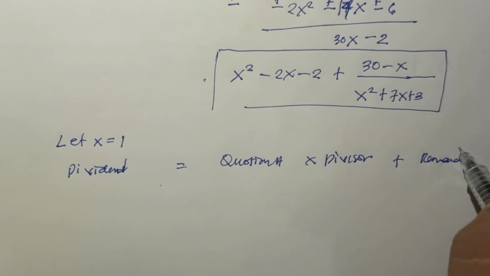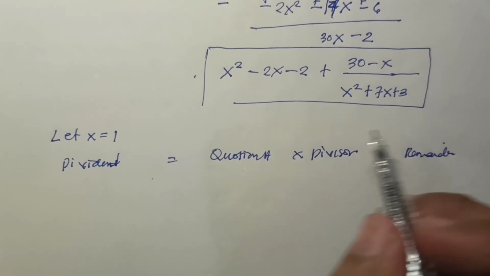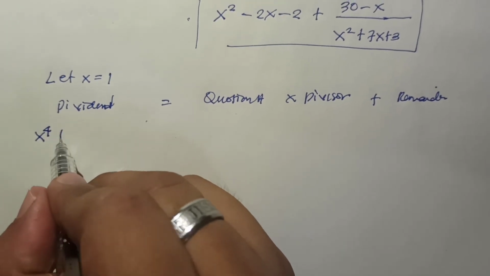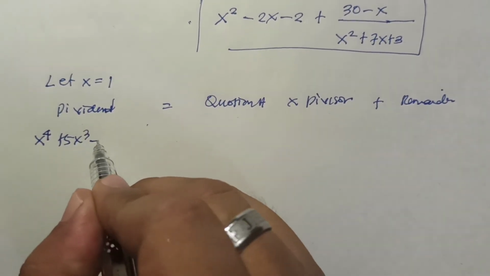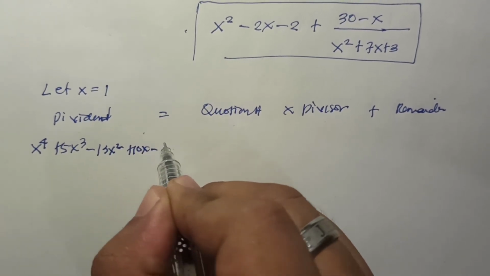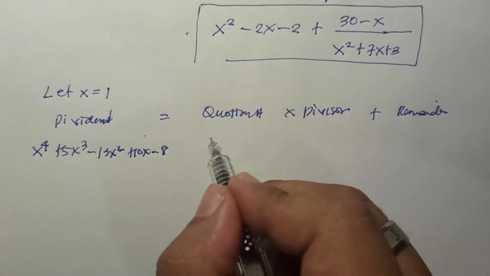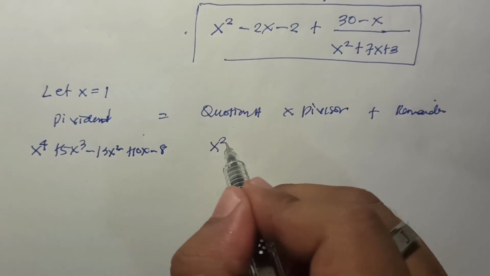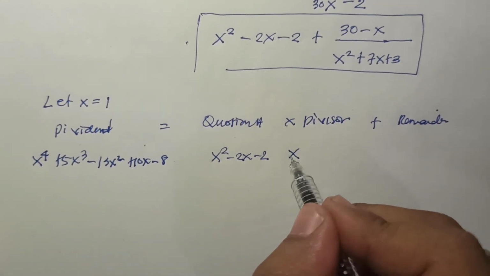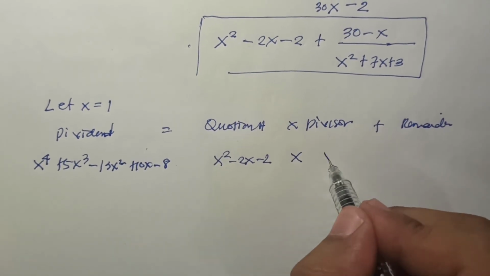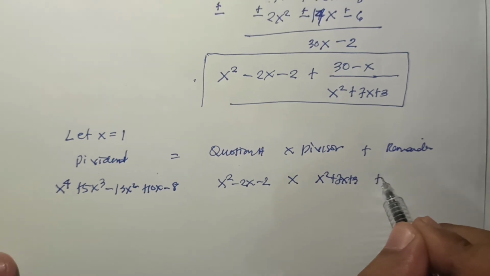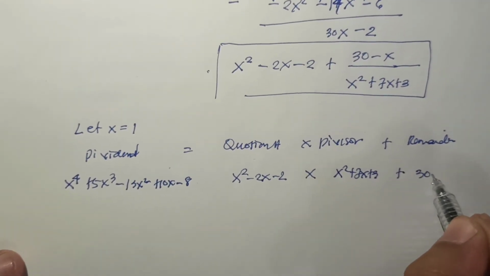This is how to check. So dividend is equal to x raised to 4 plus 5x cubed minus 13x squared plus 10x minus 8. And the quotient is x squared minus 2x minus 2 times the divisor, which is x squared plus 7x plus 3, plus the remainder of 30x.